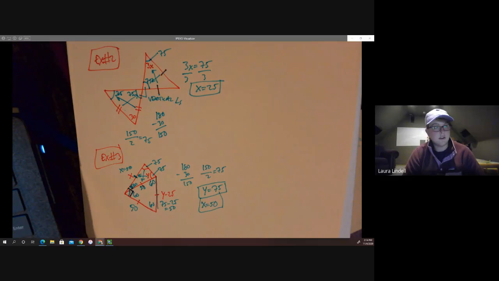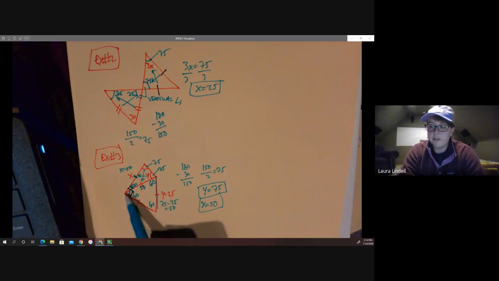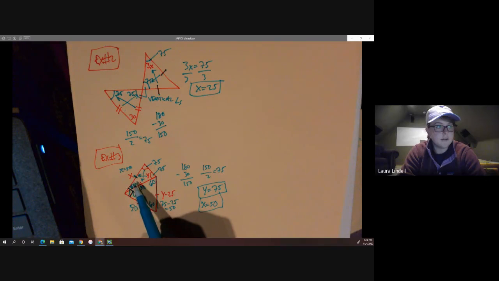Okay. So that one's probably the most complicated one that we'll see involving this sort of thing. So just to kind of go back over what we did, we figured out that since this is equilateral, these are all 60. Then since this is 60, this one's 30, because this is a right angle, so it's 90 degrees total.